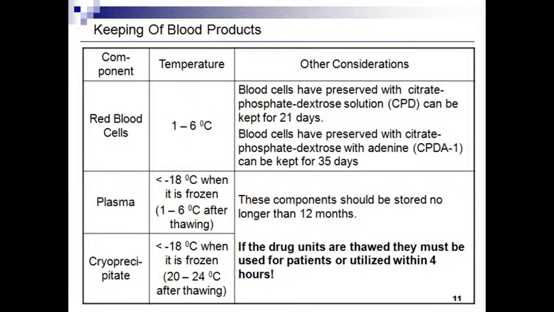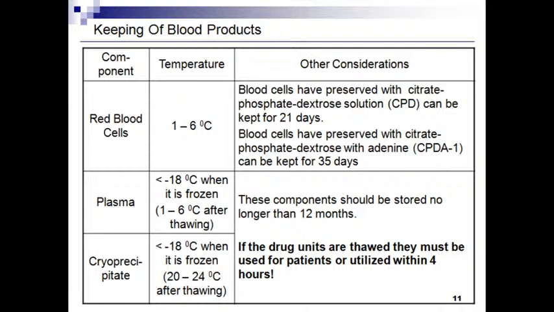If the plasma is frozen, we can keep the bottles with plasma at a temperature of 18 degrees below zero. If the plasma is thawed, we can keep it in a refrigerator from 1 to 6 degrees Celsius after thawing.